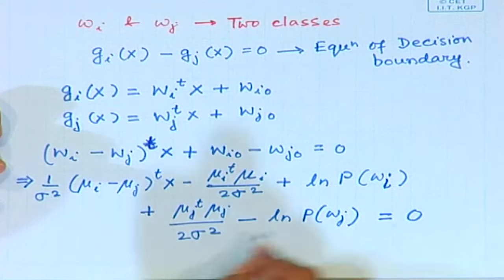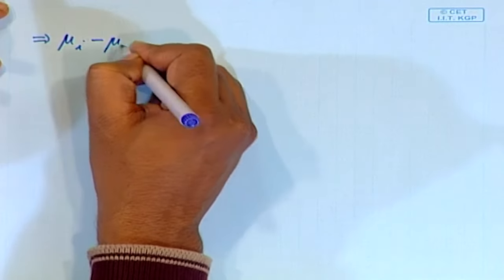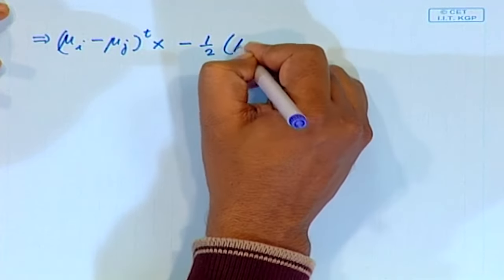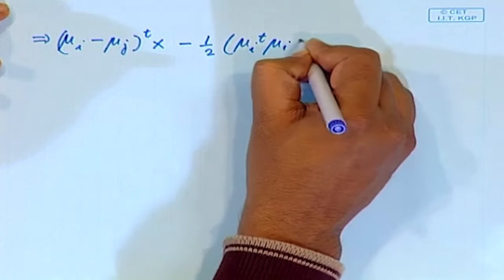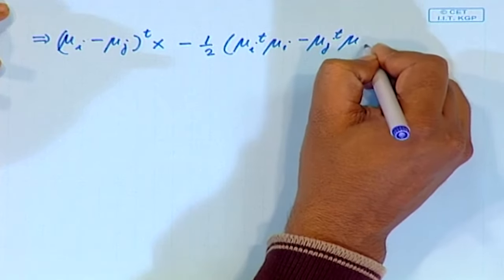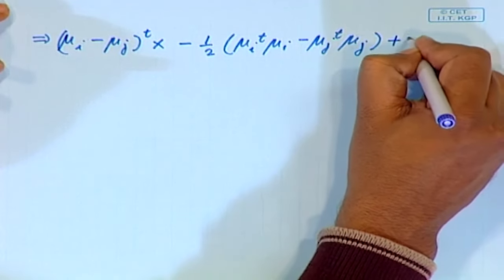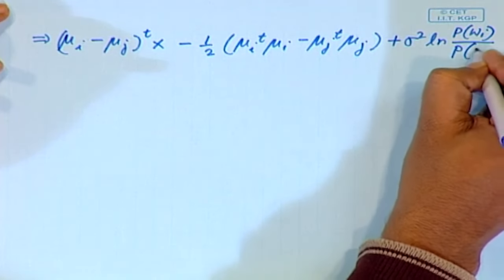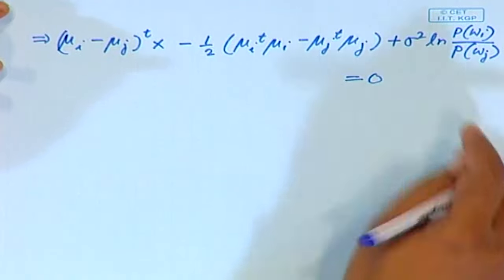And if I go on simplifying this same expression, it will lead to a form (mu i minus mu j) transpose x minus half of something.